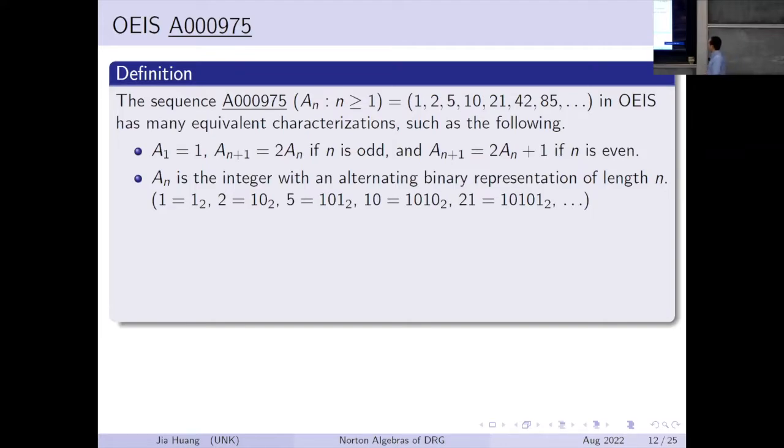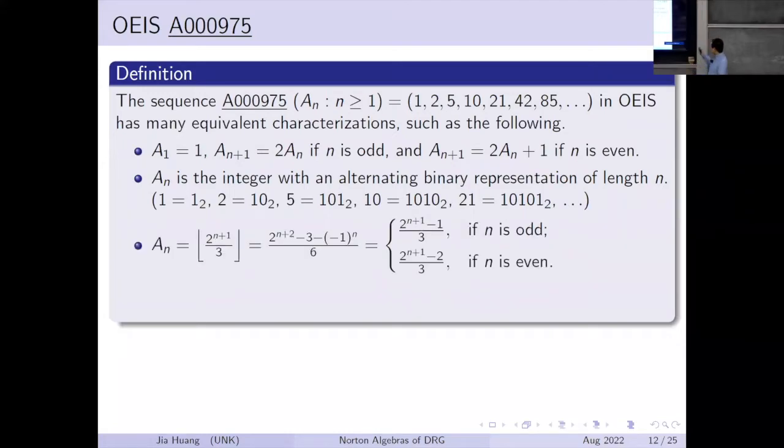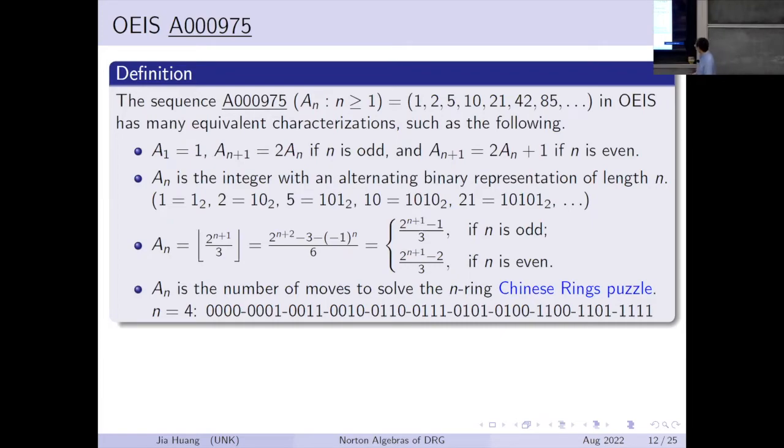You can find the integer with an alternating binary representation of length n, and then turn that back into an ordinary number, and you get the corresponding number in that sequence. And of course, there are closed formulas, and there's also a game called the Chinese rings game.